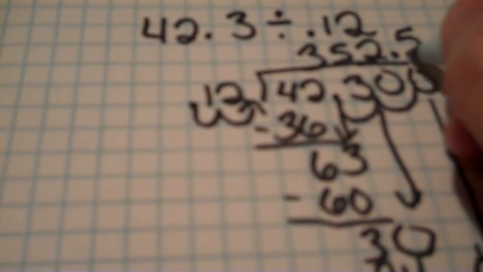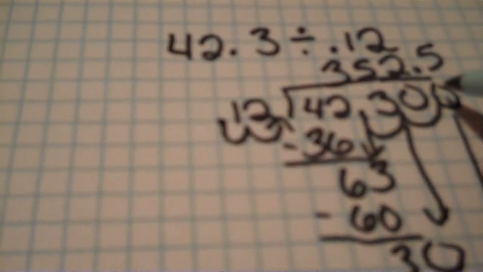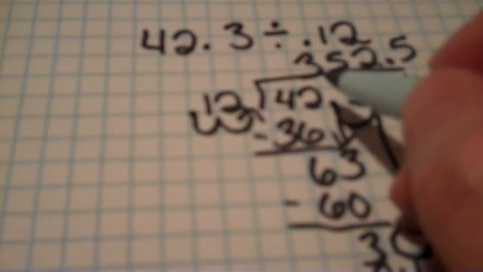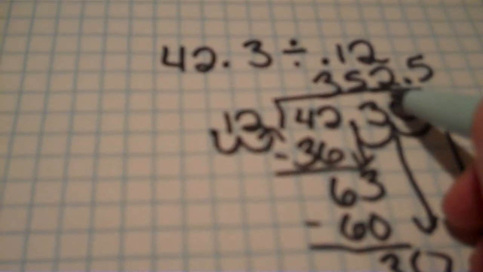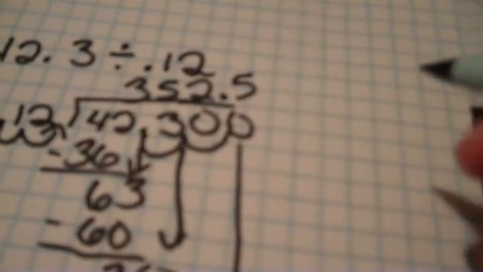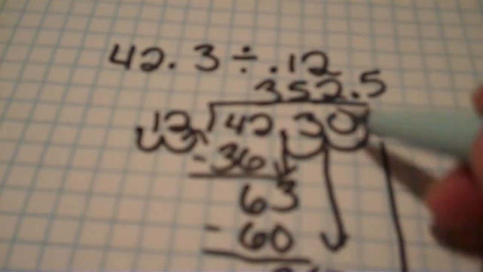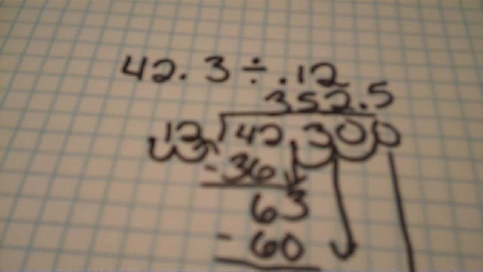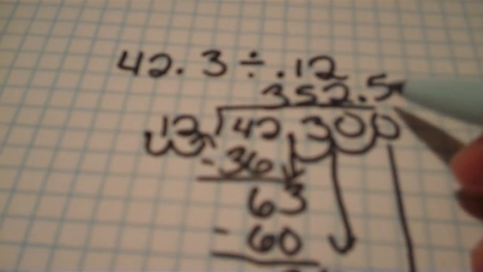We can always add another 0, bring down that 0. 12 goes into 60 5 times. So our answer should be 3.525. You see how I brought down another 0 to give me a 60. As long as I'm working behind the decimal point, I can add as many zeros as I need in order to get an answer.